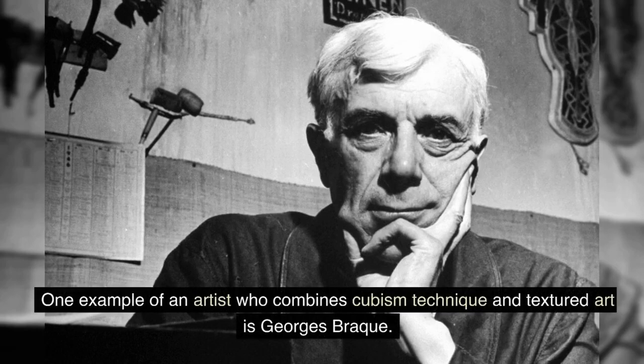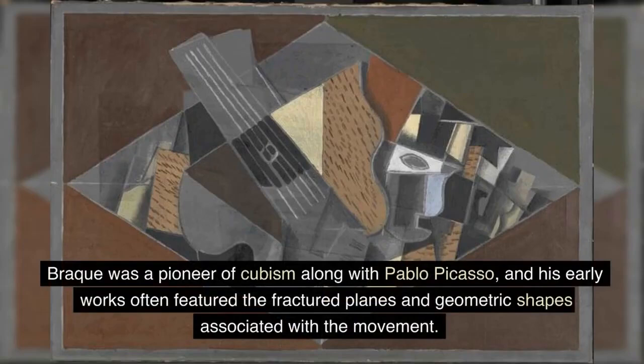One example of an artist who combines Cubism technique and texture art is Georges Braque. Braque was a pioneer of Cubism along with Pablo Picasso, and his early works often featured the fractured planes and geometric shapes associated with the movement.